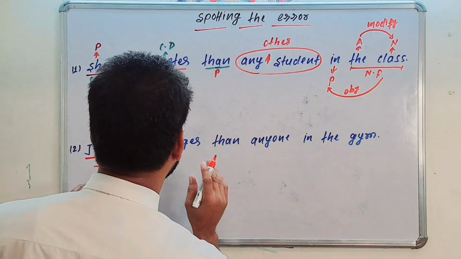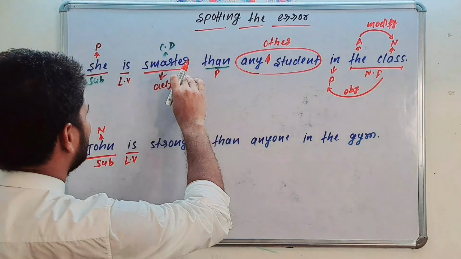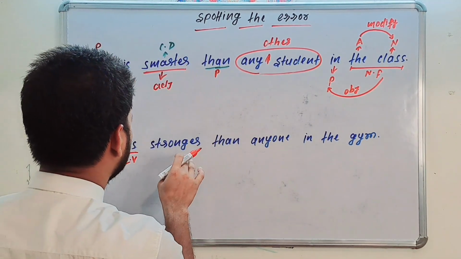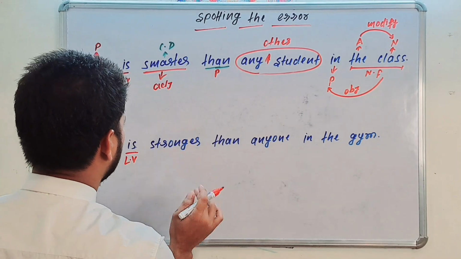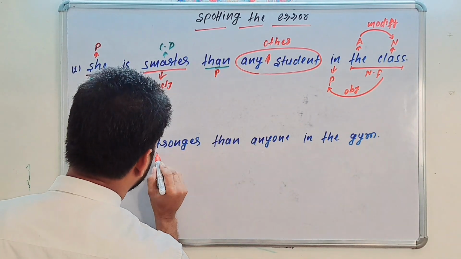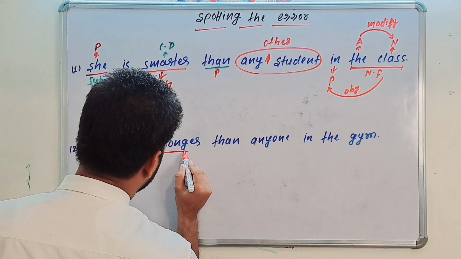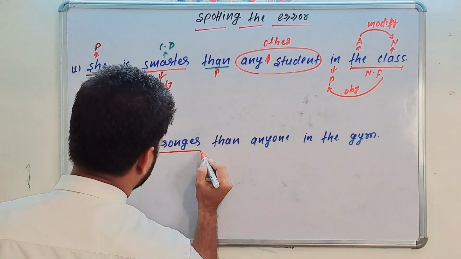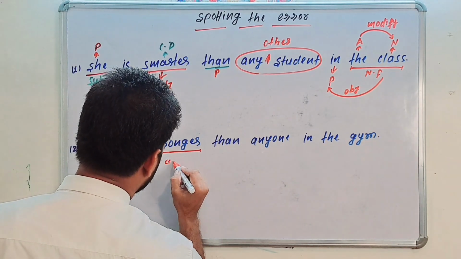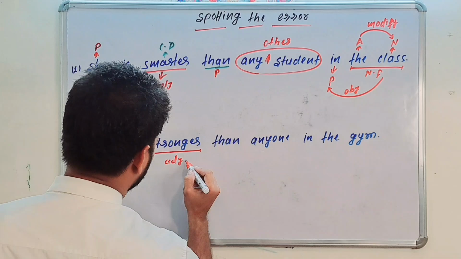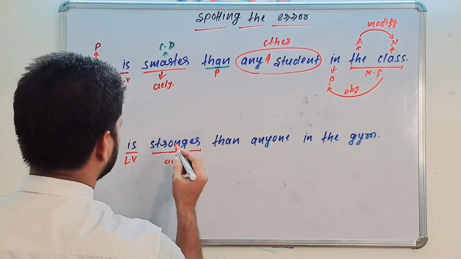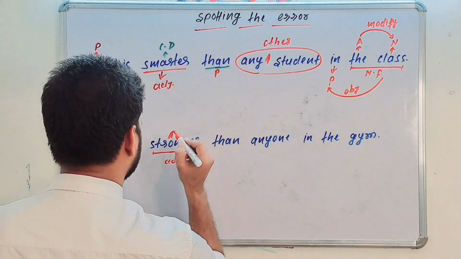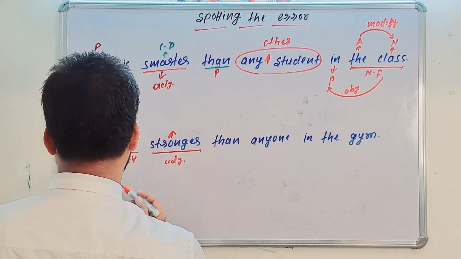As smarter, as you can see, stronger is also an adjective, but here it is an adjective of comparative degree.